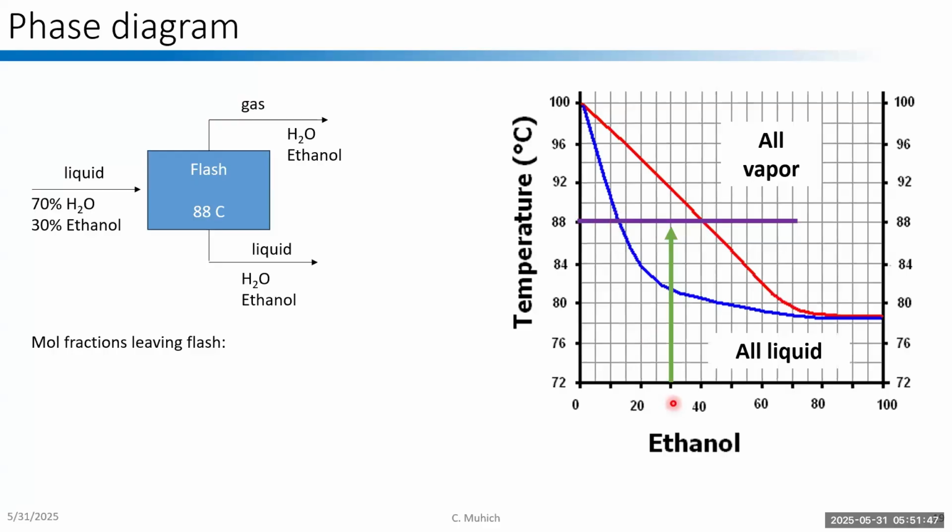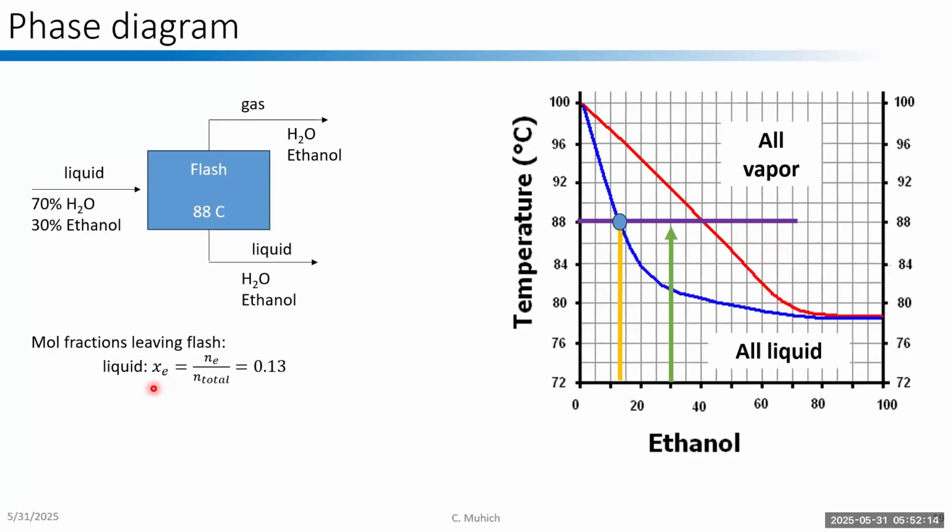Okay, so if I look at this, I can go across the tie line to my liquid phase. I see where that line intersects with my liquid line, or my liquidus line. I come down and then I can read off the percentage of ethanol. In this case, I'm estimating this is about 13%.